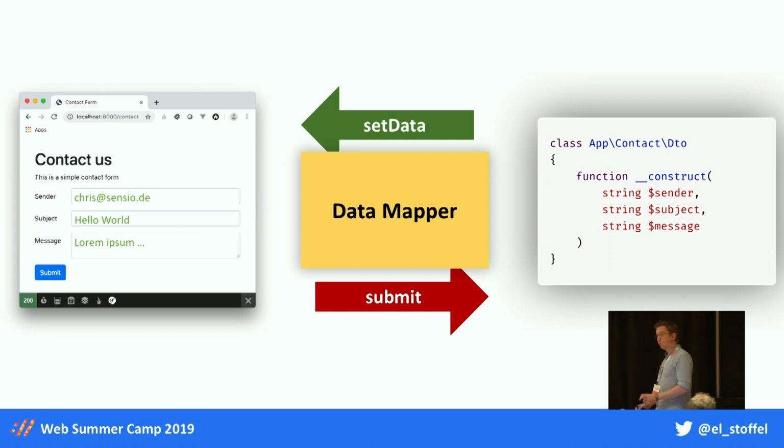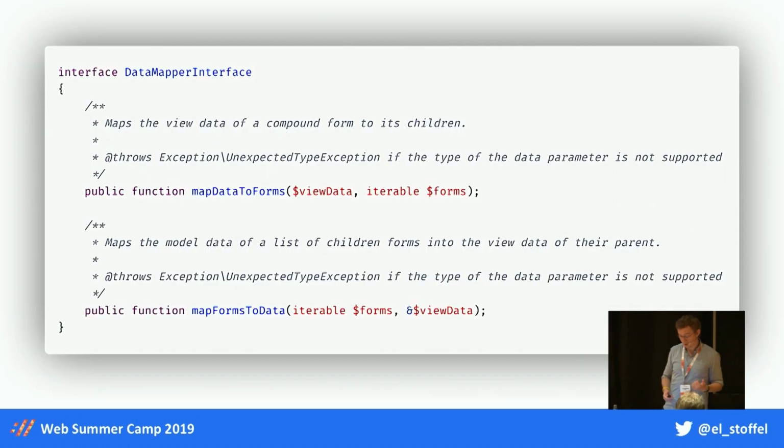And data mappers will be executed in setData and submit. So in the form object, data mappers are called. So we use an implementation and an interface which is called DataMapperInterface.